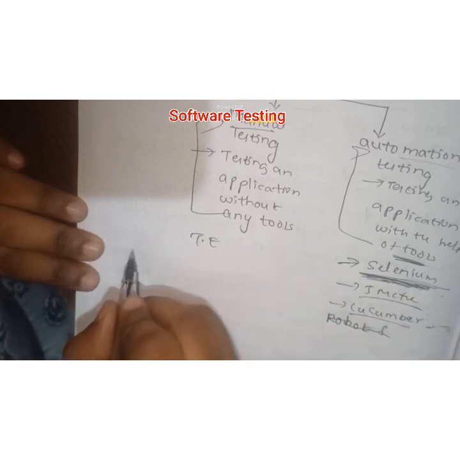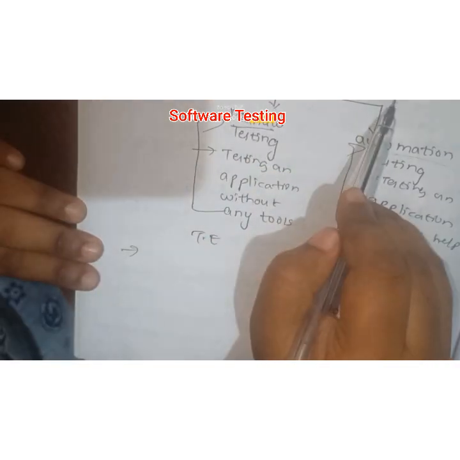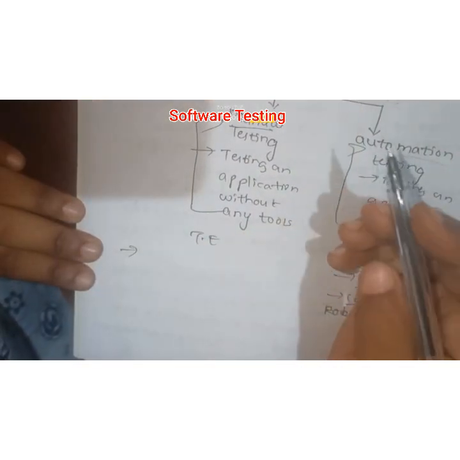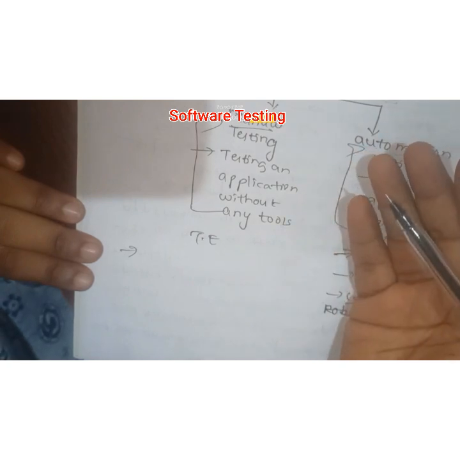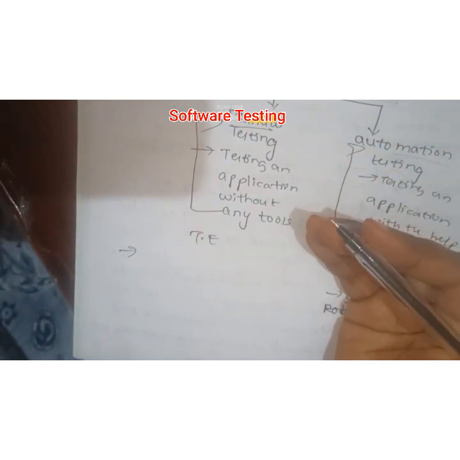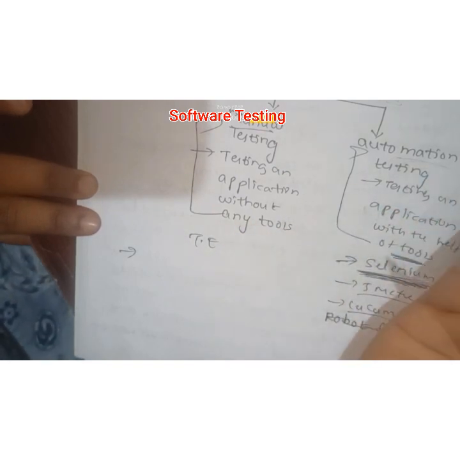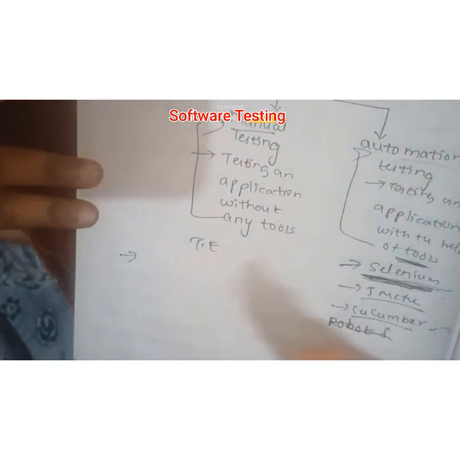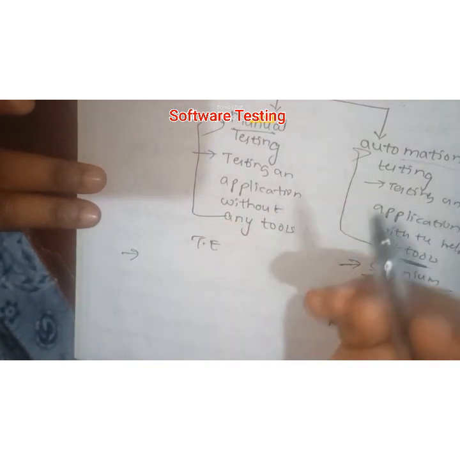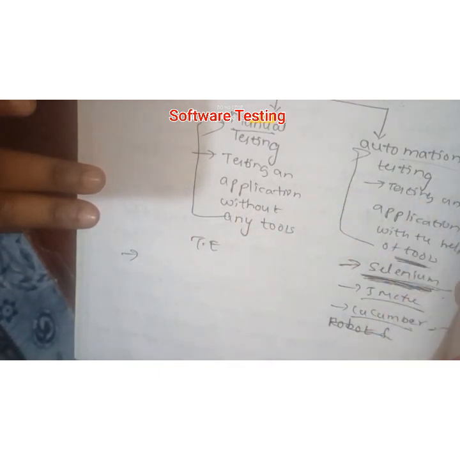So in short, why do we need software testing? If an application is not working properly, or in a developed application that we are releasing, before giving it to the user, we first have to check whether the application is working fine or not.